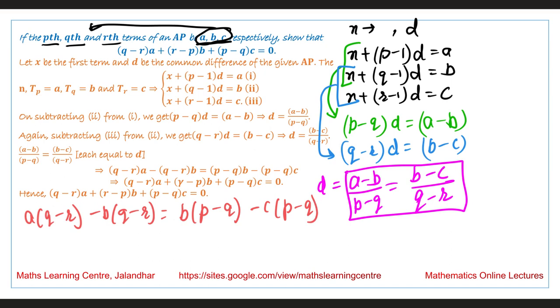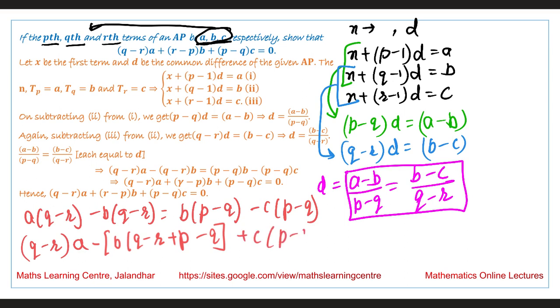So this gives us q minus r into A. Now next, if we take common, it is minus B into q minus r, and this term will become plus p minus q, plus C into p minus q, and this is equal to 0.